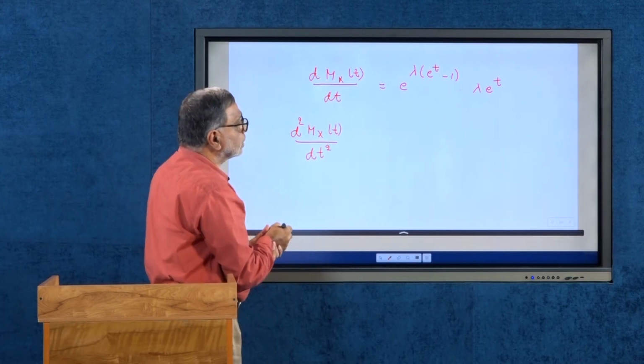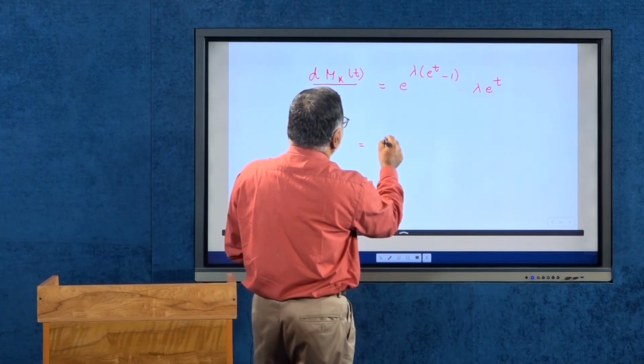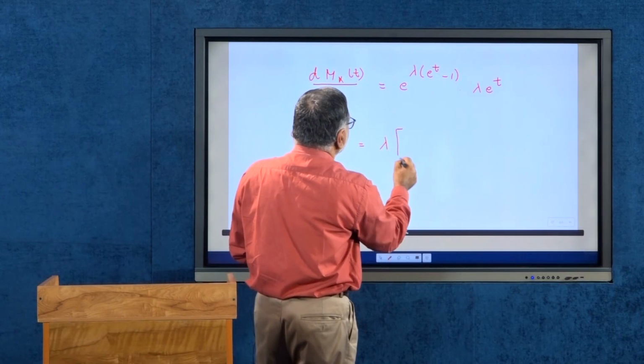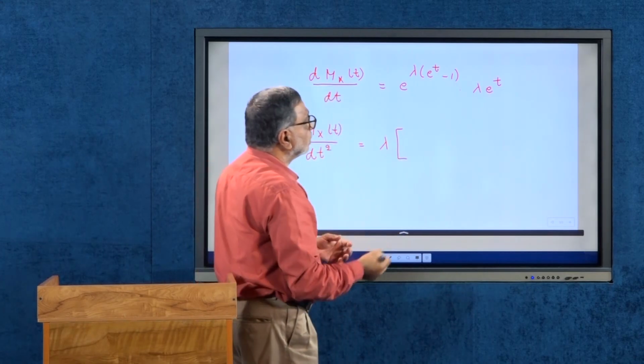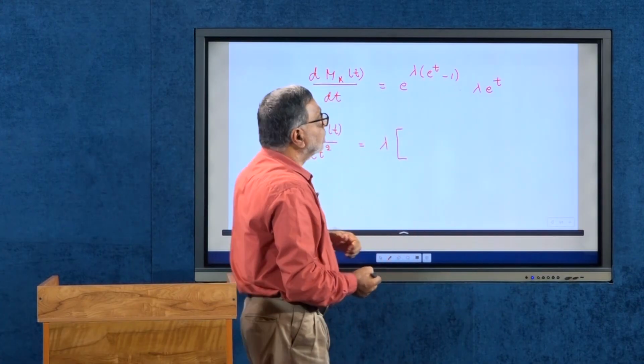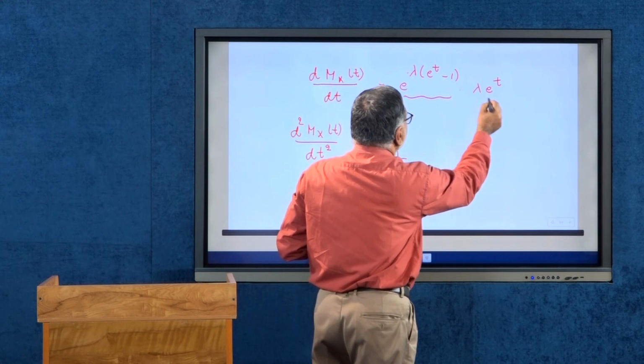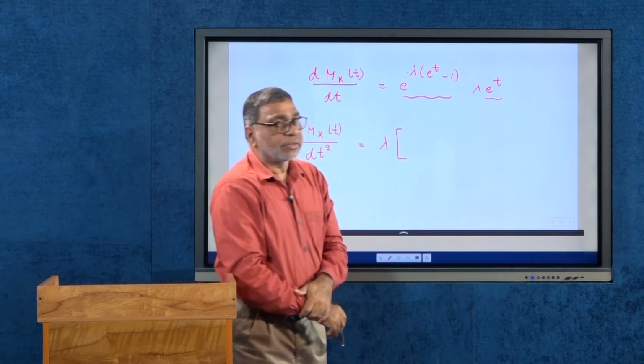Suppose you are finding the second derivative, this is equal to lambda, which is a common factor taken outside, and this is a product of 2 functions of t: this is our first function and this is our second function.